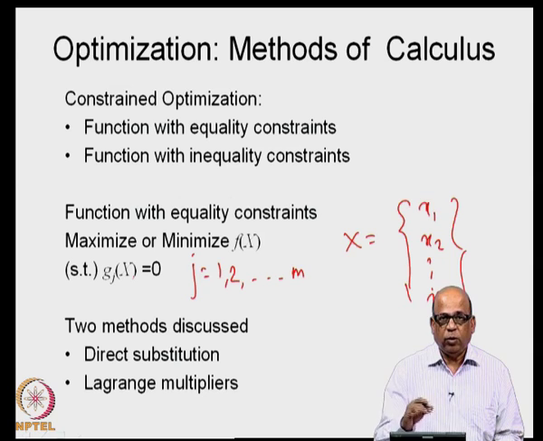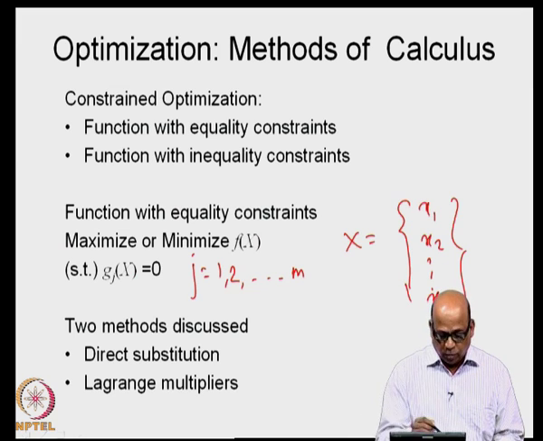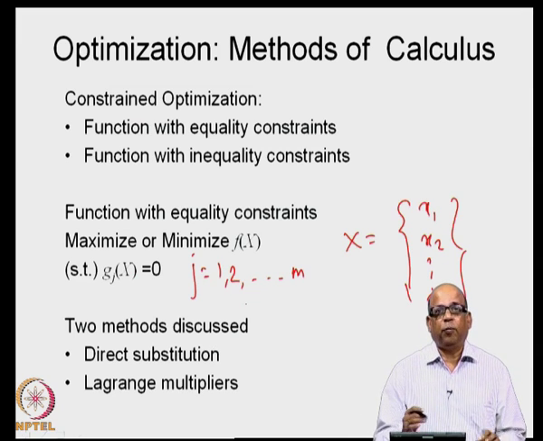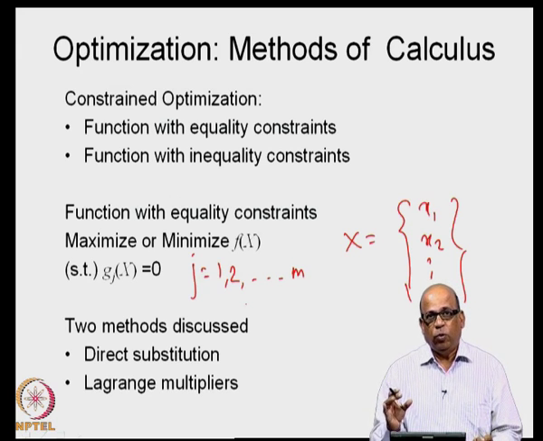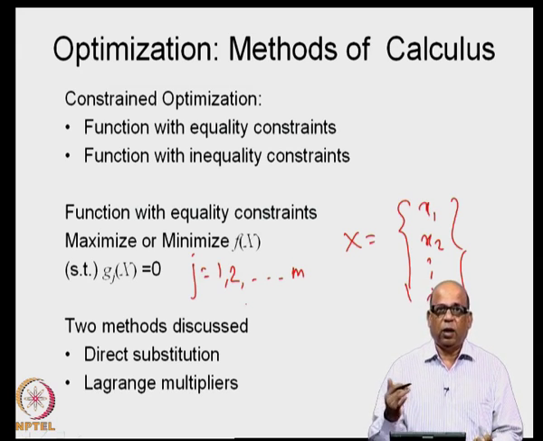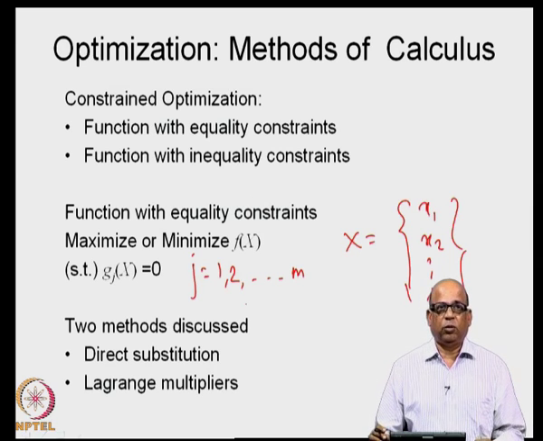So, you express using these m constraints, which are all equality constraints, m number of variables in terms of the remaining n minus m number of variables and substitute them, and therefore, you have taken care of the m constraints, and then converted the original constraint problem into an unconstrained problem with n minus m number of variables. So, this is what we do in direct substitution.